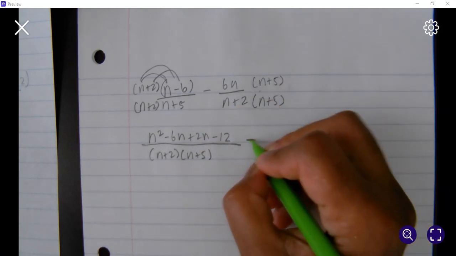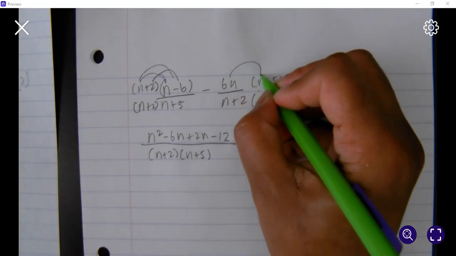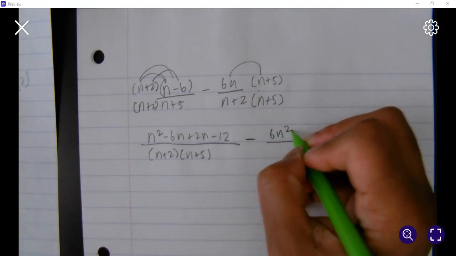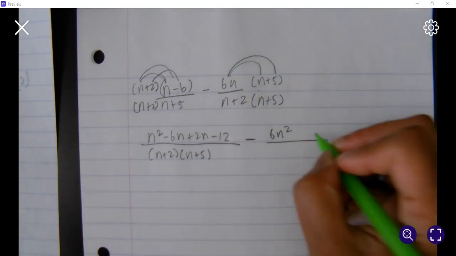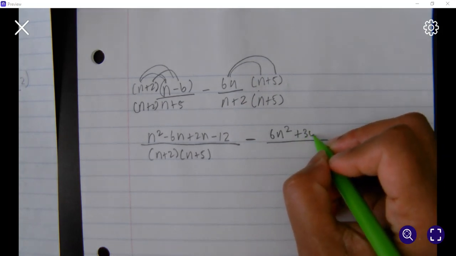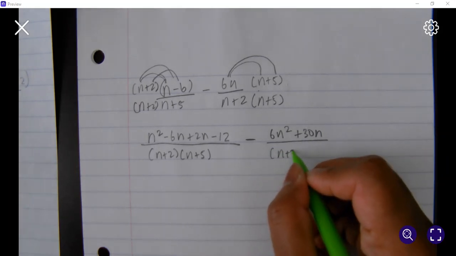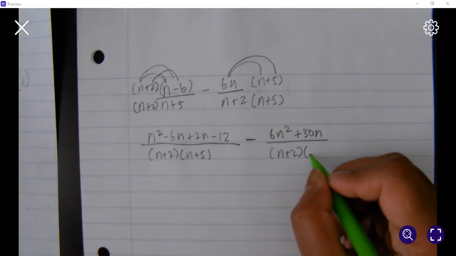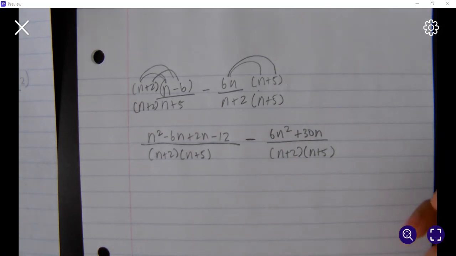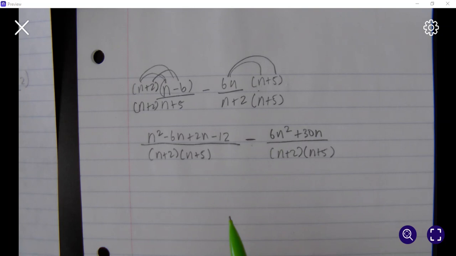And then I have minus, and over here I have 6n times n, which is 6n squared, 6n times 5, which is plus 30n, over all of this. Now this negative needs to be distributed to my numerator here.